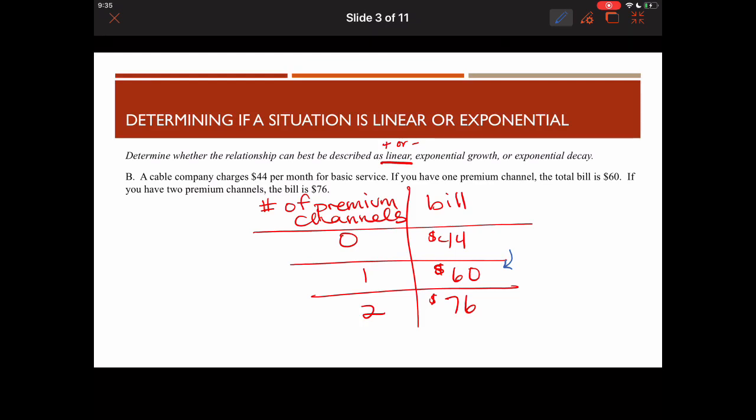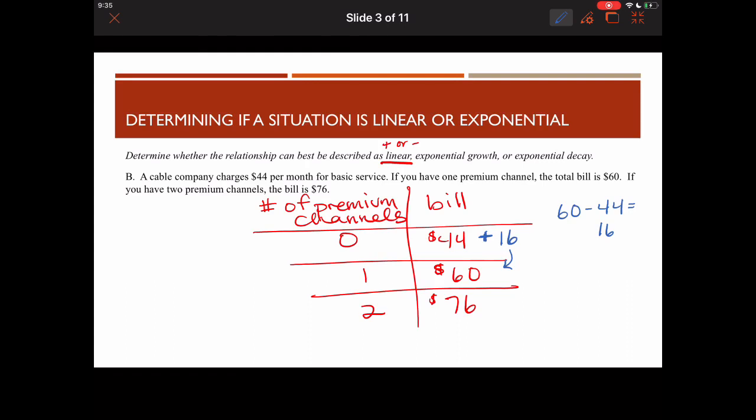Well, 44 to 60, if it were linear, I'd be adding a number. So the opposite of adding is subtracting. So let me check. What's 60 minus 44? Use your calculator. It's 16, right? So I can take 44 plus 16 and get 60.